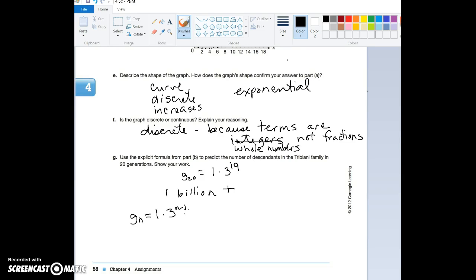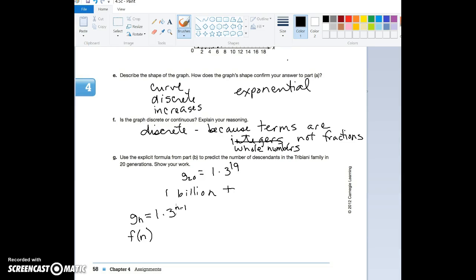So I'm going to just quickly go through it, and I want you to just watch it, and I'm not asking you to memorize this, all right? I just want you to kind of get used to this. So G sub n, if we change G sub n to f of n, because we're going to turn it into an exponential function, we're going to say it's the same as 1 times 3 to the n minus 1 power.